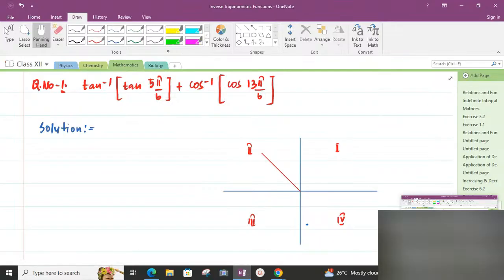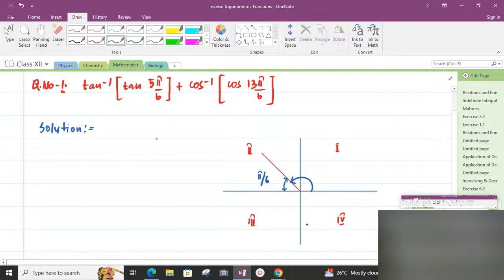So this one will be 5 pi by 6. Therefore, this will be pi minus 5 pi by 6, equal to pi by 6. There is no problem to understand this step.